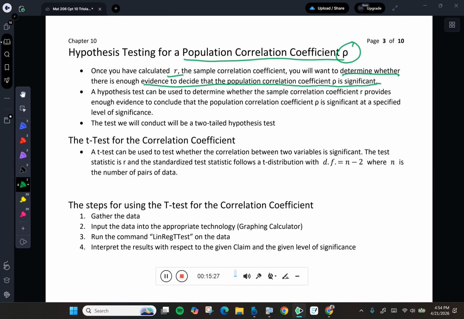Meaning, even though R might have a high value or a low value, is it strong enough with respect to the data to say that, yes, there is a line that we should use to model this data?